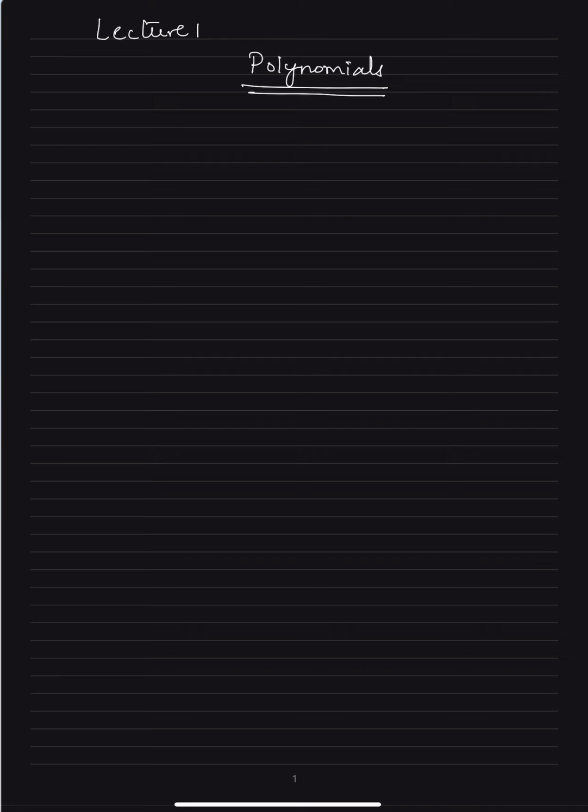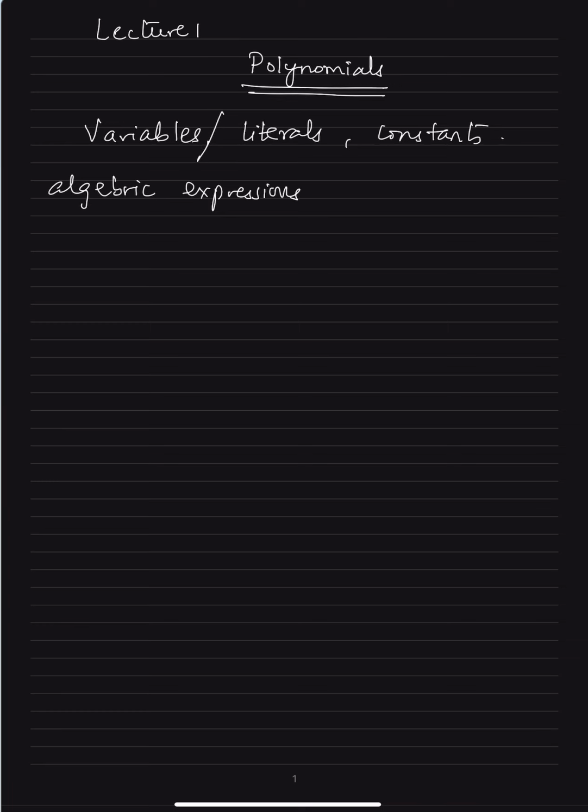Now in earlier classes like 7 and 8, we have come across the terms called variables, literals, constants and so on. And also the term known as algebraic expressions, right?